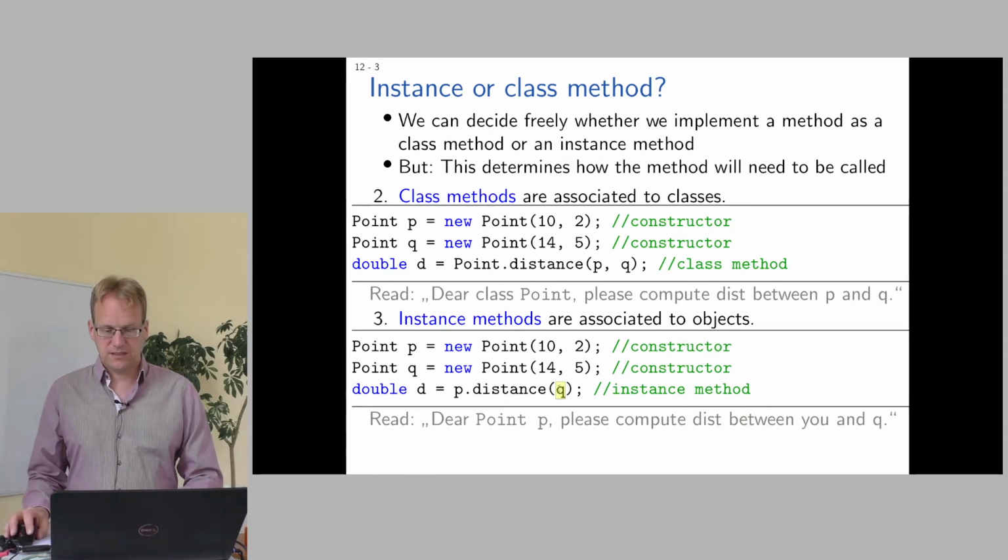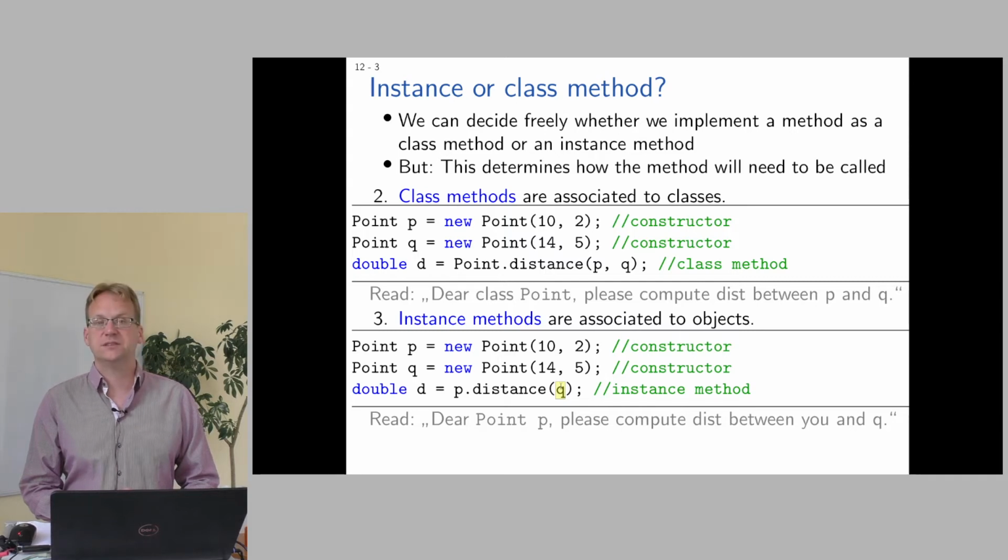All we need is then this second point object Q to compute the distance. So that's basically how you use a class method distance and how you use an instance method distance.